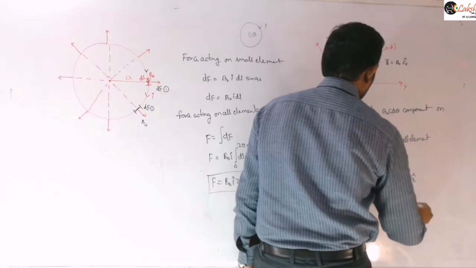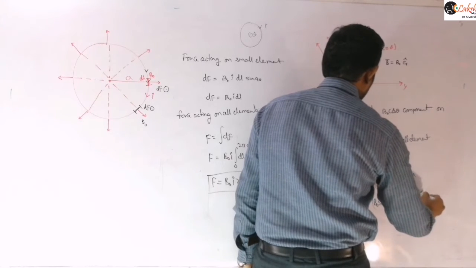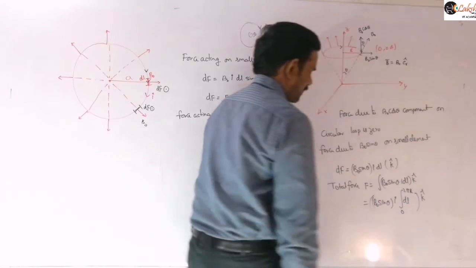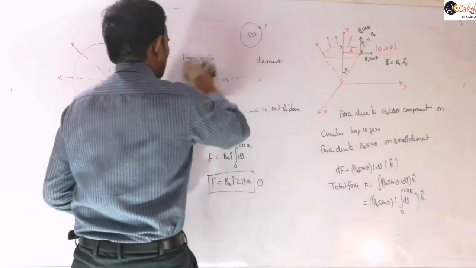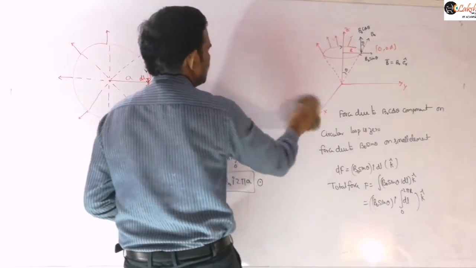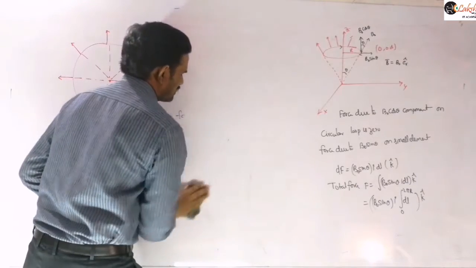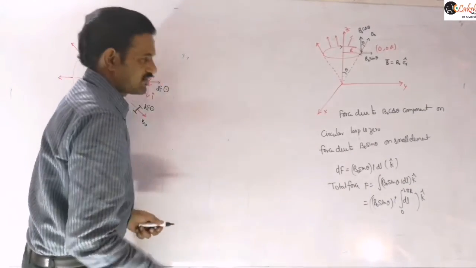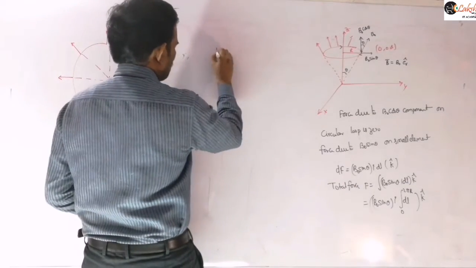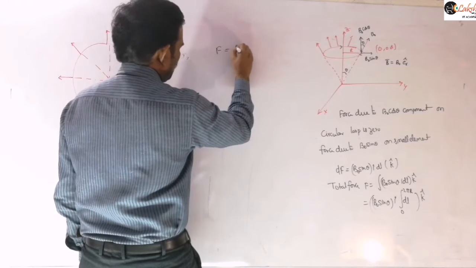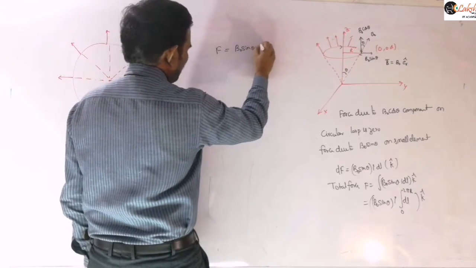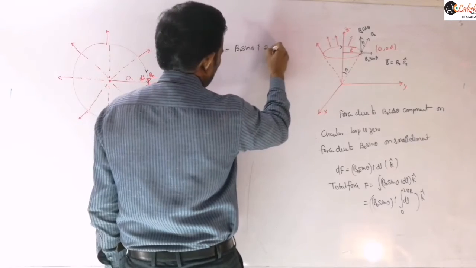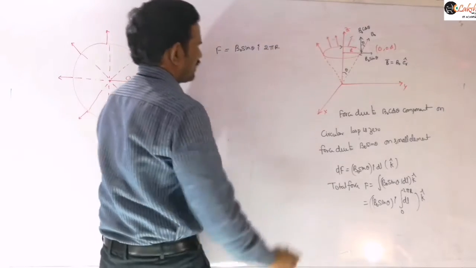So it is totally along this k cap direction only. And so let us simplify that calculation here, and sin theta is unknown for us. So you can write the sin theta value in terms of this radius and distance. Sometimes they may give the theta value, then you can substitute that theta value directly. So b naught sin theta into I into 2 pi r k cap.